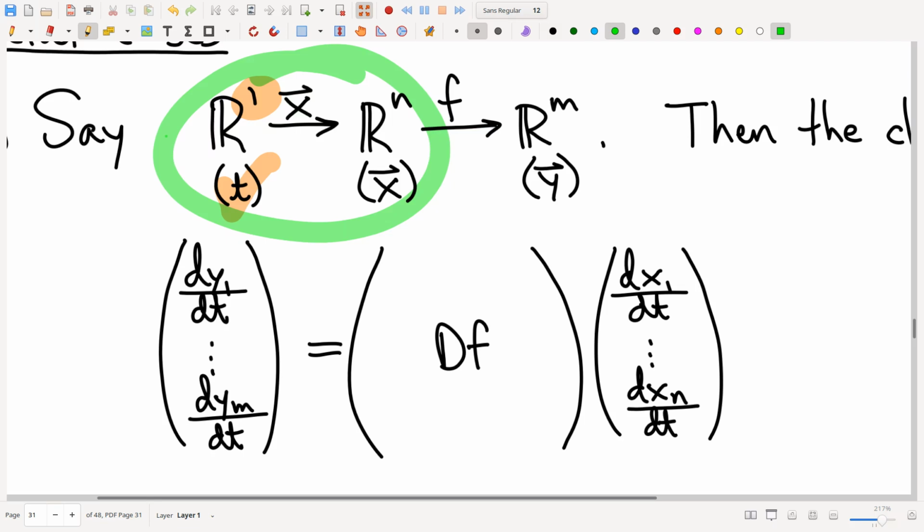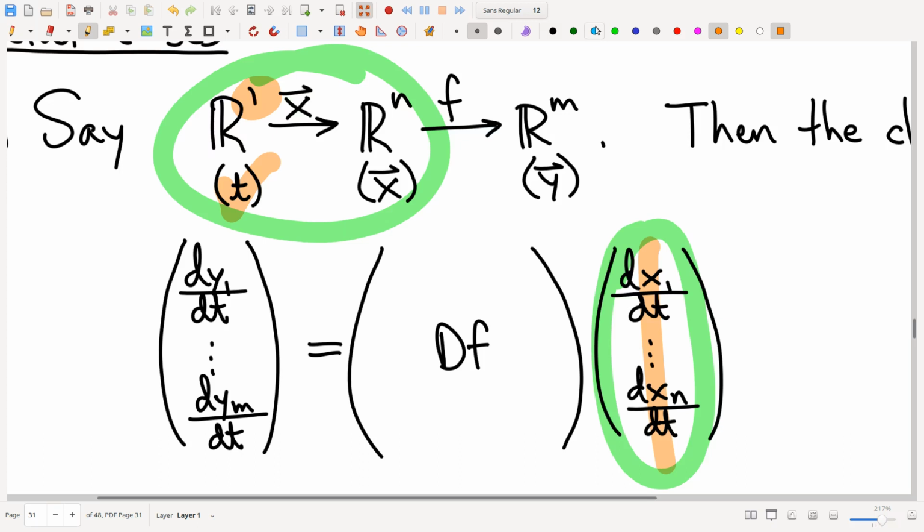Position is a function of time, we could view it as. This is a parametric curve. And we've already studied derivatives of parametric curves. The derivative of a parametric curve is the velocity of the parametric curve. And you'll notice, again, one column because there's only one input variable, and sure enough, this is literally the velocity of a parametric curve in Rn. Is that cool?